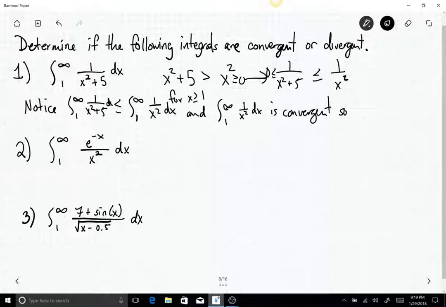So what happens to the original integral? We have 1 to infinity. Oh, and I need to put 0 is greater than or equal to that. So the integral from 1 to infinity of 1 over x squared plus 5 is convergent by the comparison theorem.